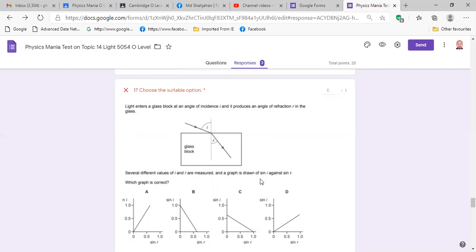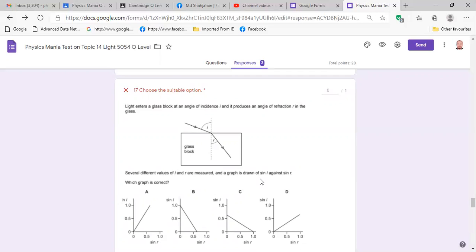Yes, sir. So if your I is greater, the sine of I will be greater than sine R, right? Because the maximum value of sine we get at 90 degrees, and the minimum value of sine we get at 0 degrees, isn't it?